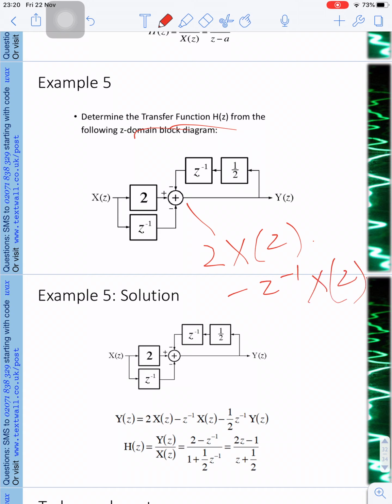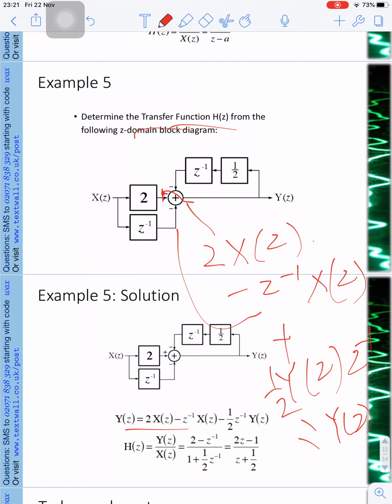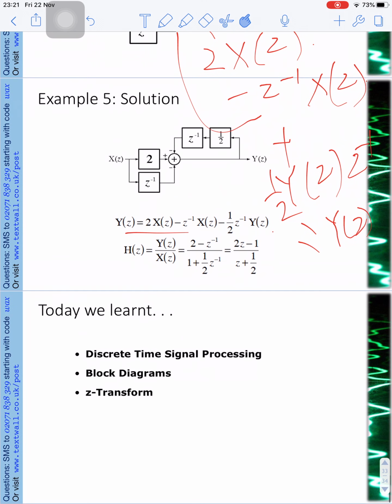And then this is Y(z), and another branch is Y(z) times 1 divided by 2 z to the minus 1. Together we are going to get Y(z). Based on that, we are going to just substitute the Y(z) together, X(z) together, and that's all. Thank you very much. Welcome comments.